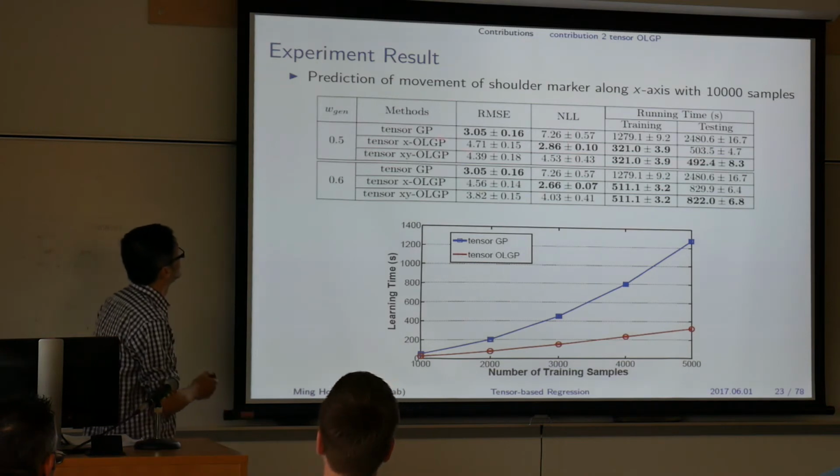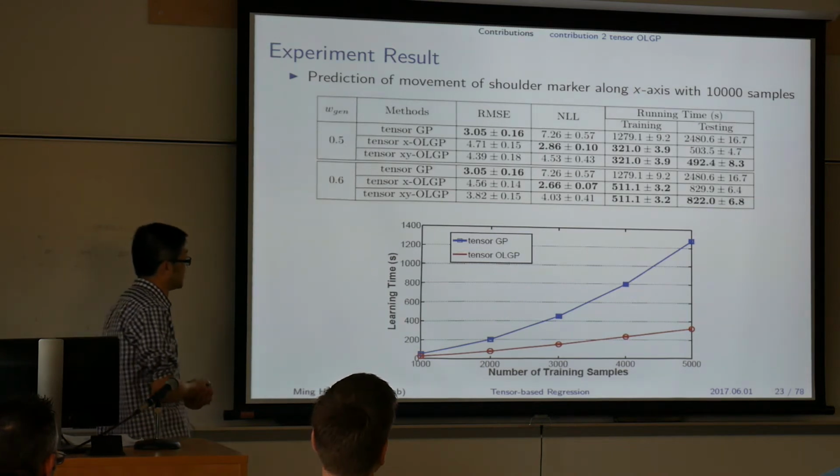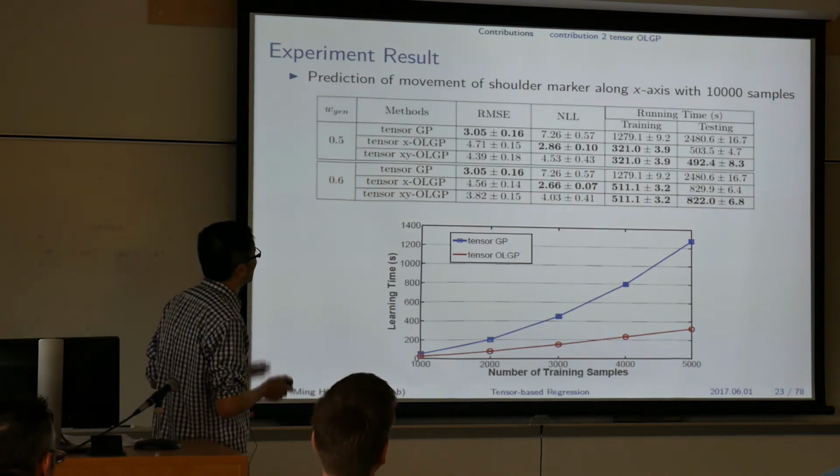And although the tensor GP is slightly better in RMSE, the non-stationarity in the signal makes tensor GP have high uncertainty.